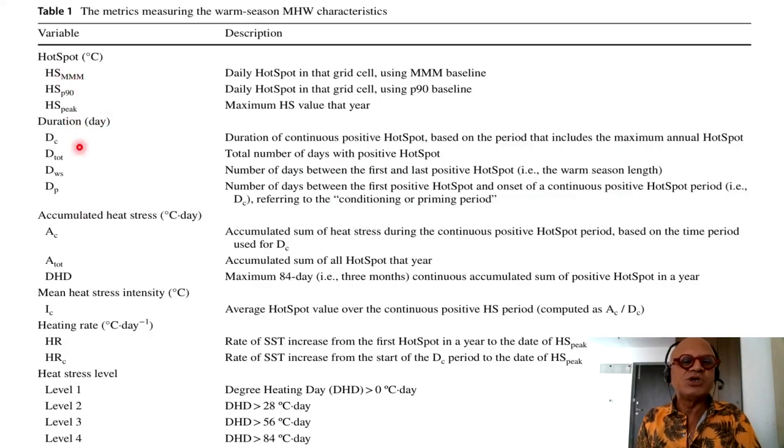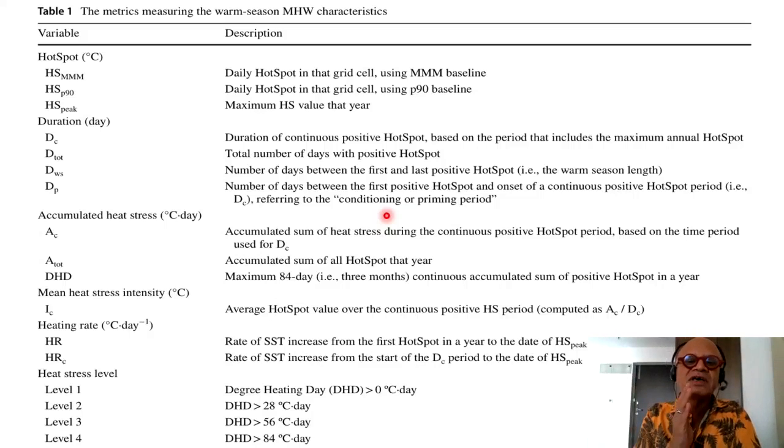The durations are basically defined as continuous positive HS values, total number of days with positive HS values. DWS is a warm season, basically hotspot warm season length, which we will see graphically in a minute. And DP is number of days between the first positive hotspot and onset of a continuous positive hotspot.